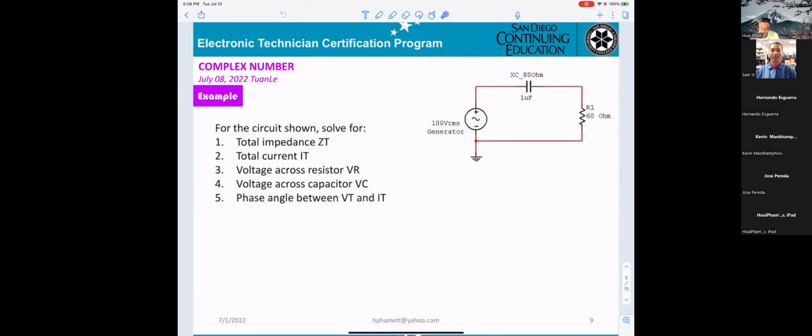Before we try to do anything, I want to make sure you understand this. I try to show the relation between resistor, inductor reactance XL, and capacitor reactance.